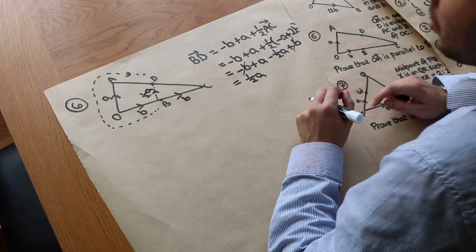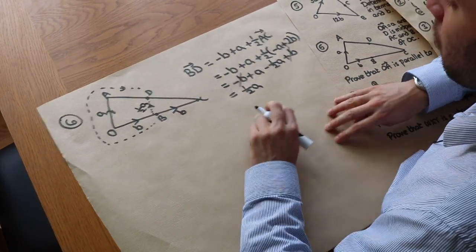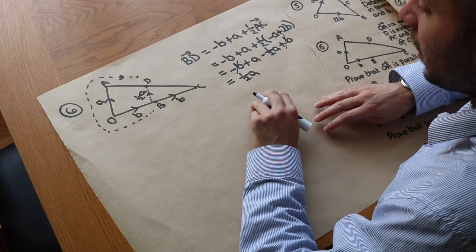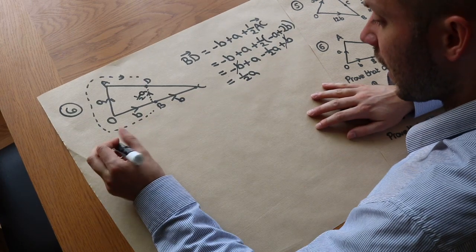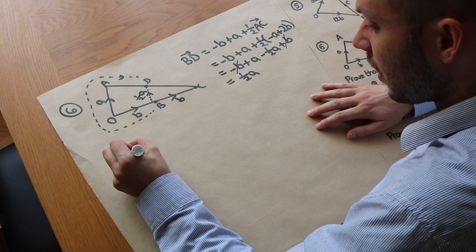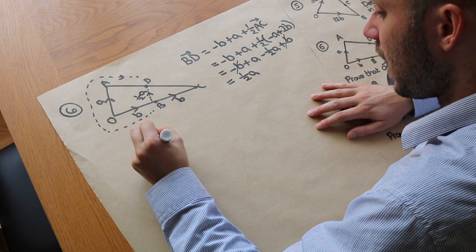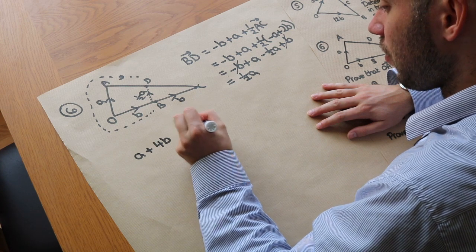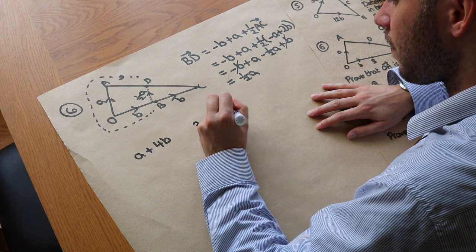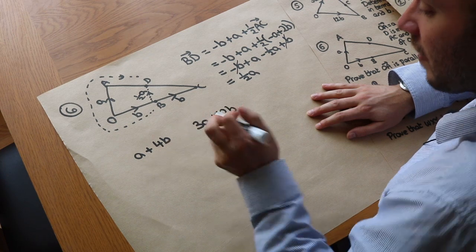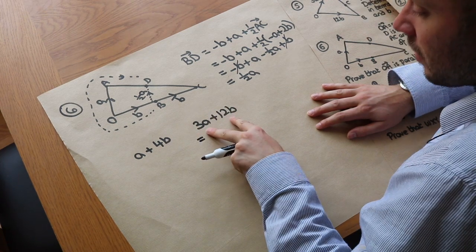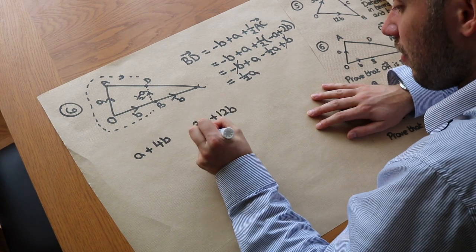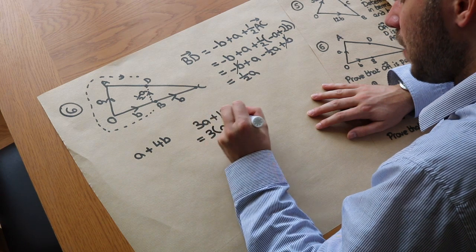Now we know that two vectors are parallel if one is a multiple of the other. For example, if I had the vectors A plus 4B and 3A plus 12B, this is a multiple of that, because I could factorize out the 3 to get 3 brackets A plus 4B.